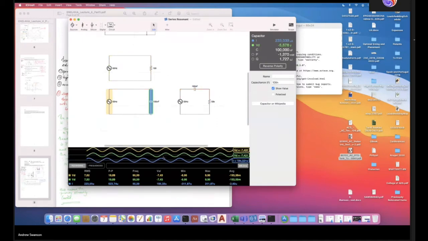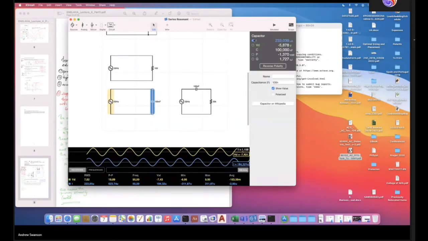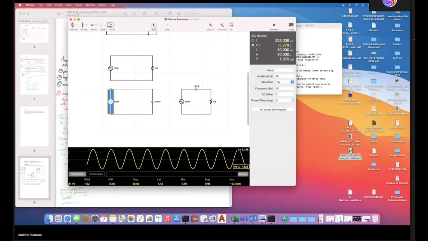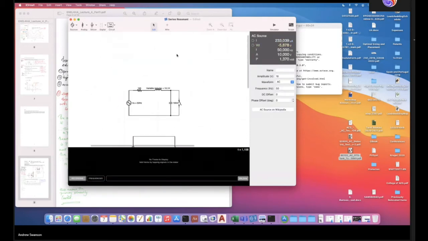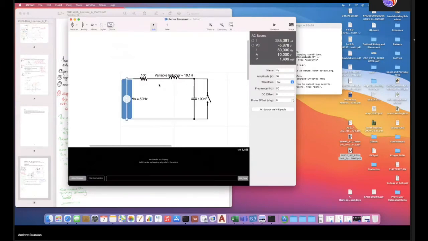Right, same thing here. Your yellow is your voltage of your source, your blue is your current of your capacitor. I'm going to skip this one here because you're getting the concept, I'm sure. And we'll come back to this again a little bit later.